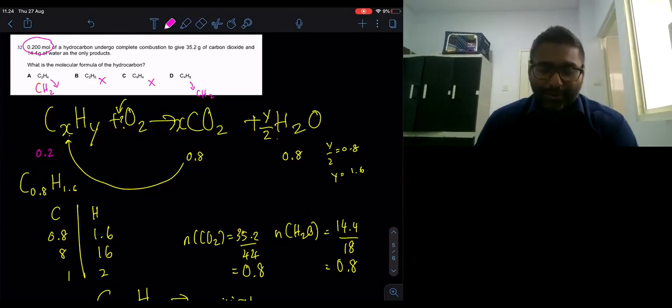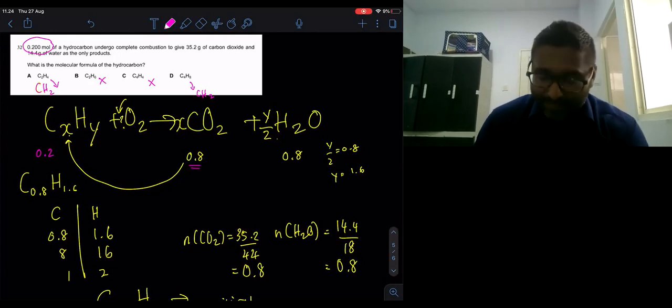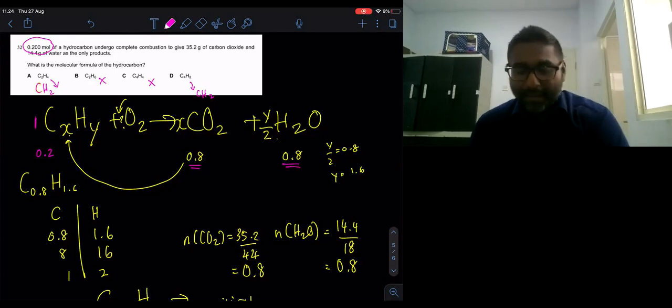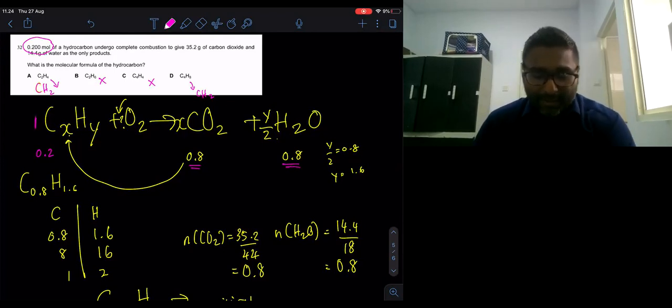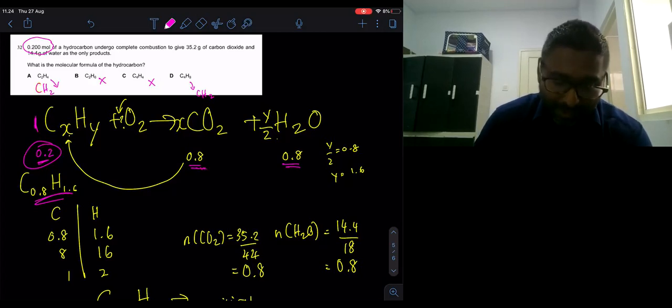They actually give you 0.8 moles here, 0.8 moles here. So it means this one is actually 1, correct? If this is 1, if we have this value, no need to even use this one. When we have this value, if this is 1 and this is 0.2, how to get 0.8 over here? So what is X?